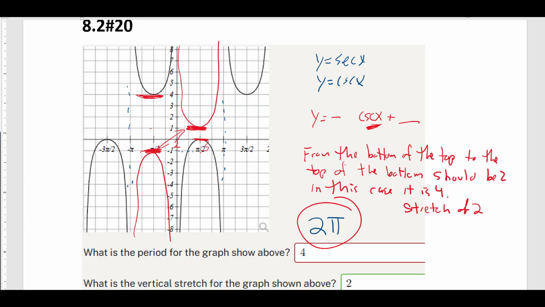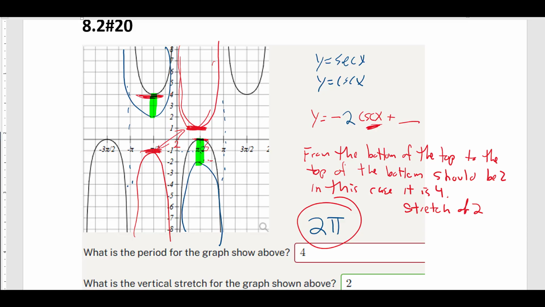Now let's also just think about this for a second. It's a stretch of 2. Also, it should be up here, but it's down low. That means it has a vertical flipping or reflection. So I'm going to go with a -2 for the stretch because it reflects it and then stretches it. Now, if that was the case, it would have been down here and there. But we have this distance now, and this distance.